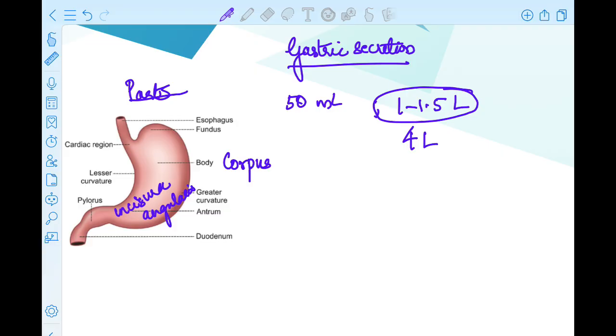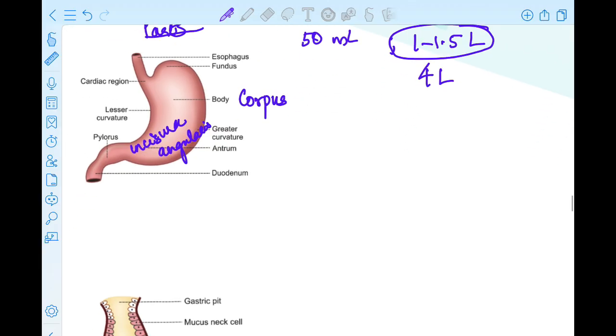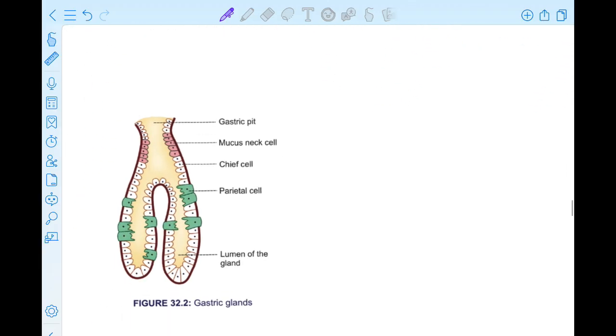So what are the glands of the stomach? The stomach has several important glands. These are the gastric glands. The first one is the fundic glands. The fundic glands are present at the body and the fundus region.